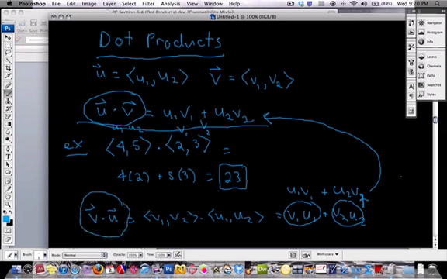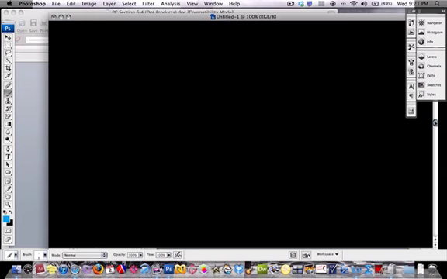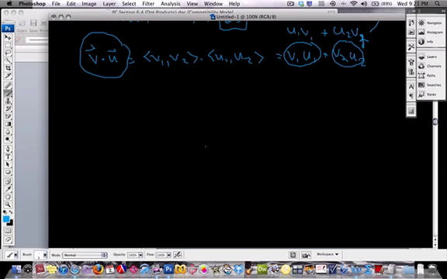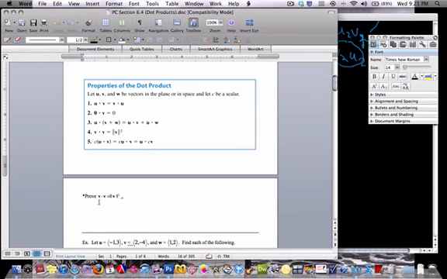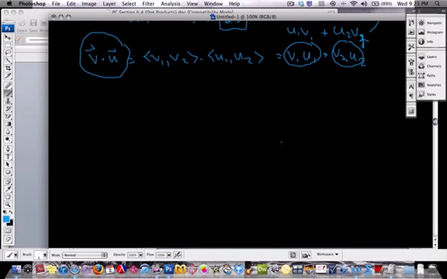If you go to the next page on the notes, it asks us to prove the fourth property. Prove that v dot v, a vector's dot product with itself, is the magnitude of the vector squared. Let me scroll down here just a little bit.